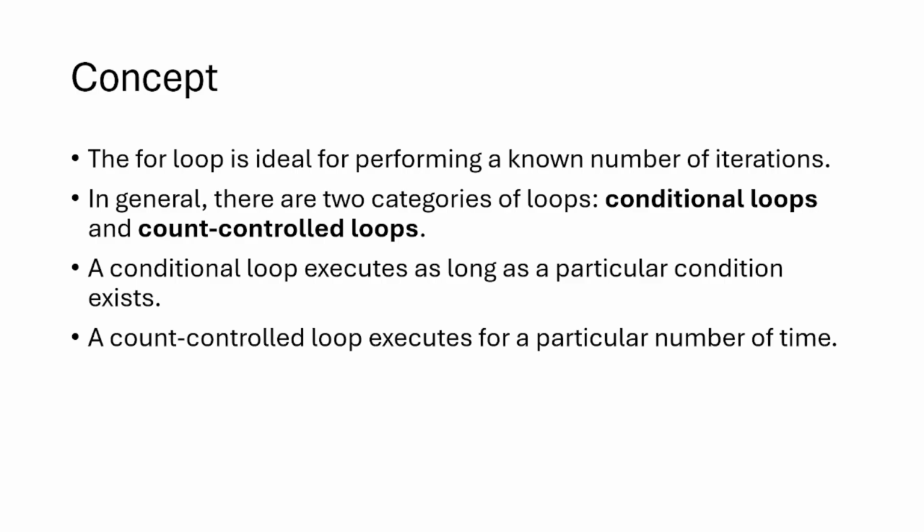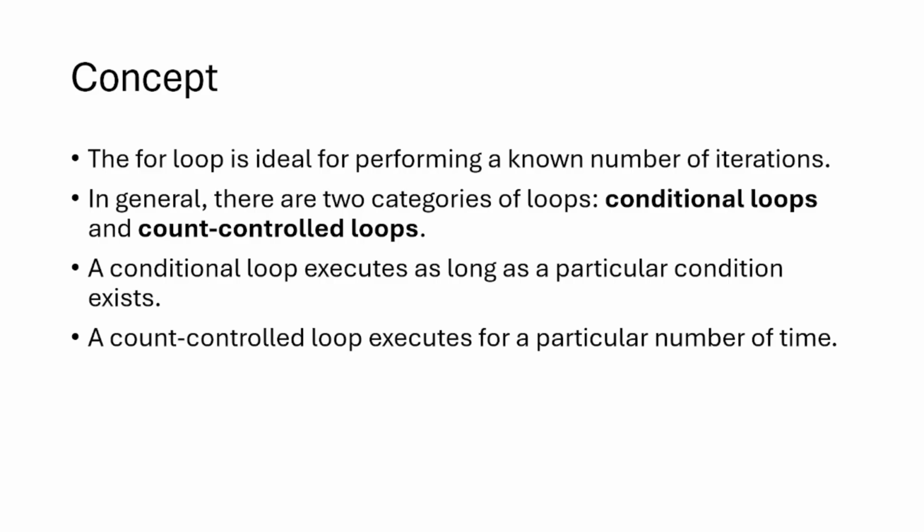In general, there are two categories of loops. There are the conditional loops, which are the while loop and the do while loop, and then the count controlled loop, which is exactly the for loop. A conditional loop executes as long as a particular condition exists.